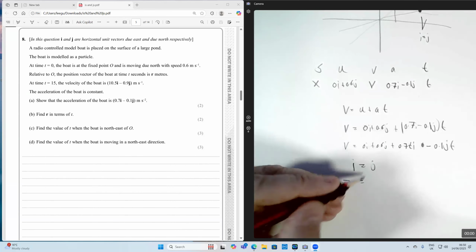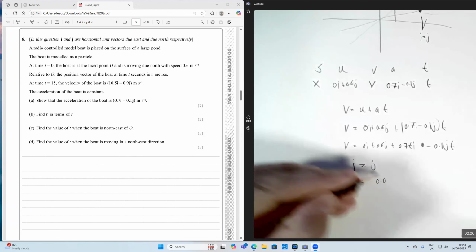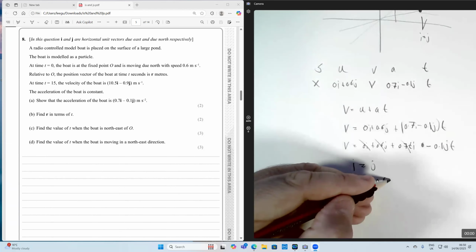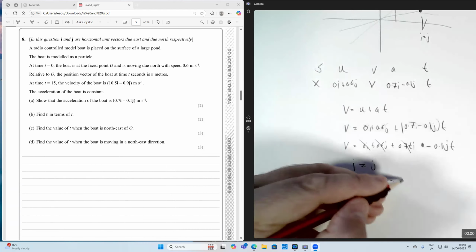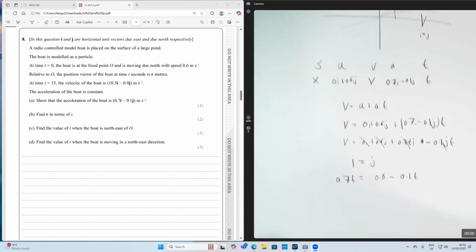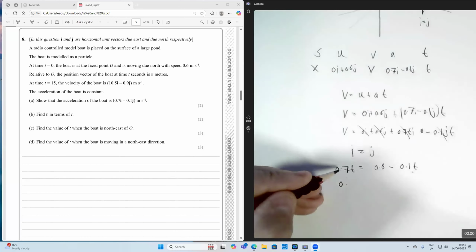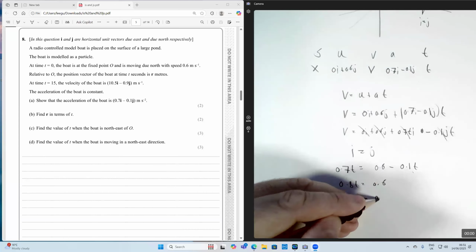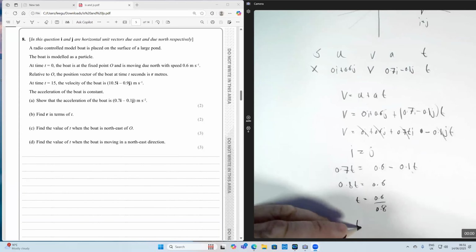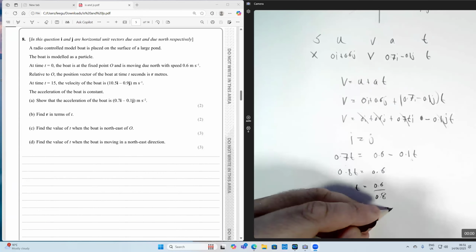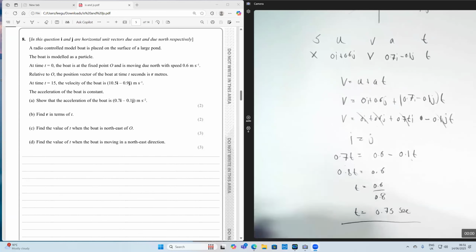So we deal with the i's, deal with the j's. 0.7t is going to equal 0.6 minus 0.1t. Sorry, we should have a t there. So I can add that over to the other side, to get 0.8t is equal to 0.6. So t is equal to 0.6 divided by 0.8. So therefore, that gives us that t is equal to 0.75 seconds. And that is our answer.